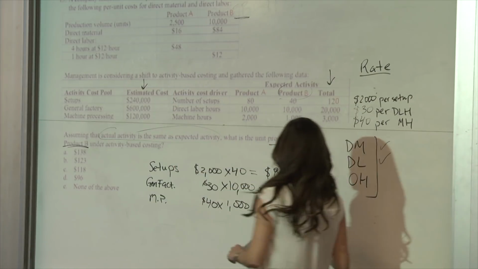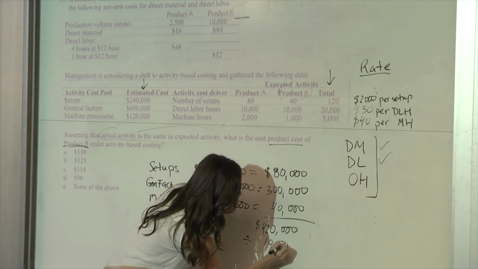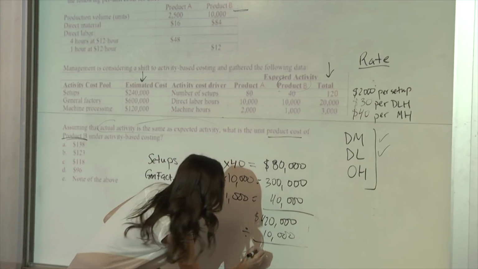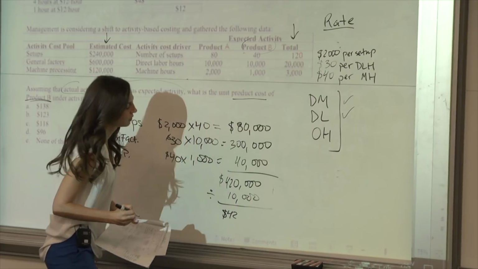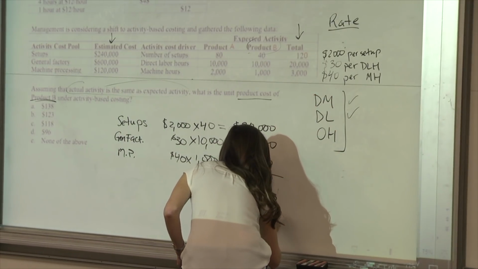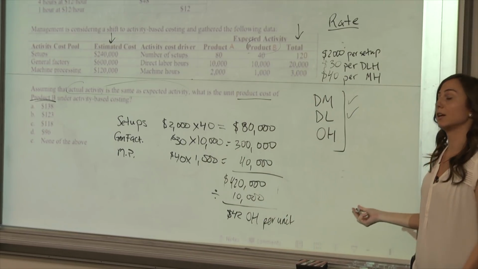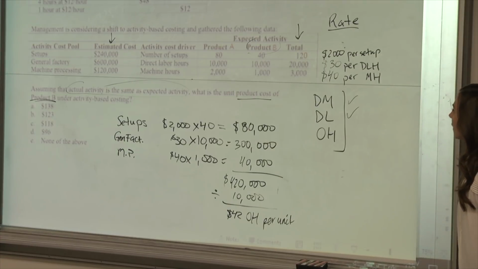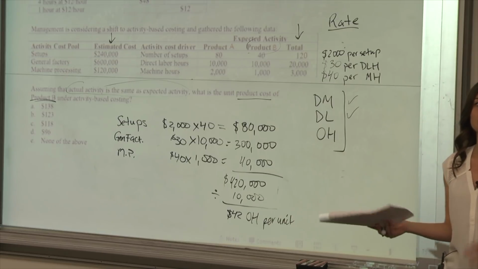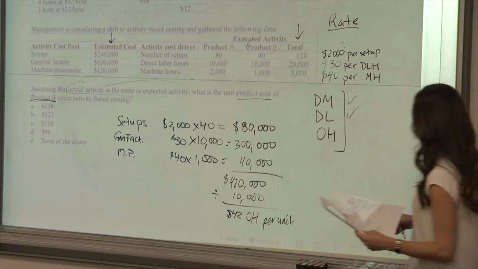So we can just divide this 420,000 by 10,000, and we will get $42 of applied overhead per unit. And we're not done because we have to add in the direct materials and the direct labor in order to have the complete product cost.